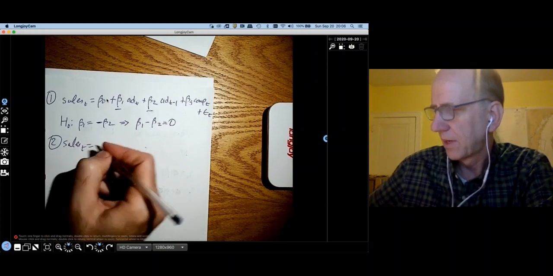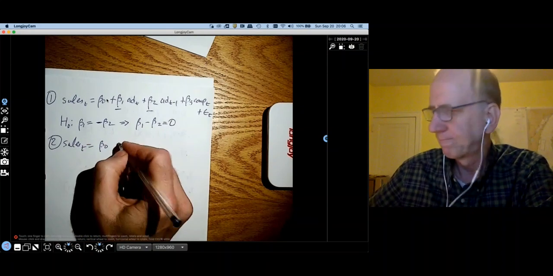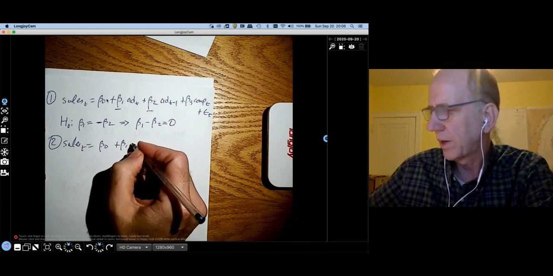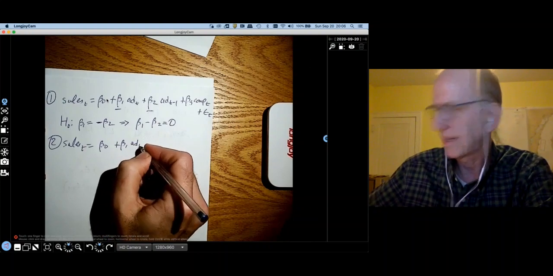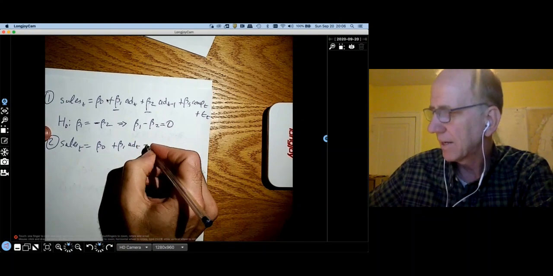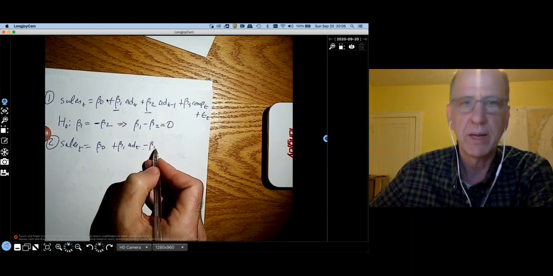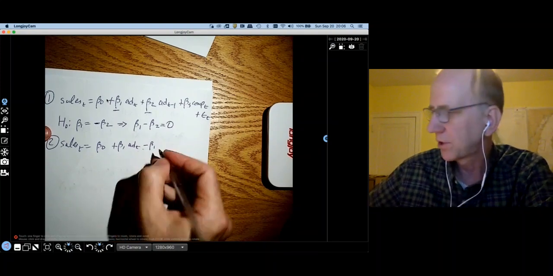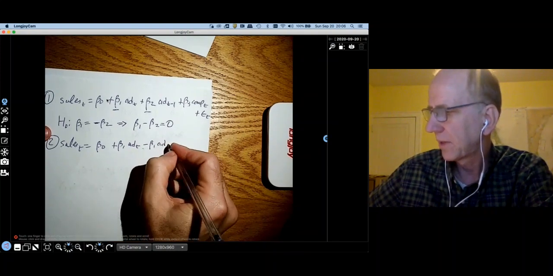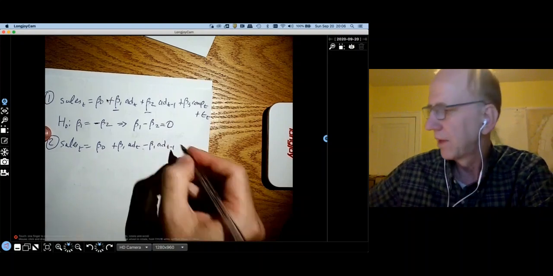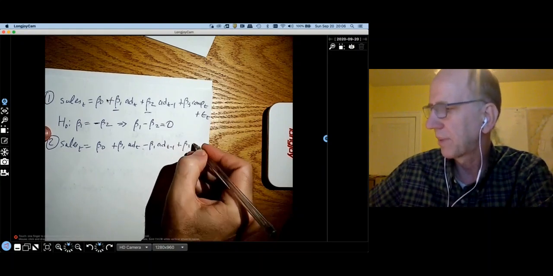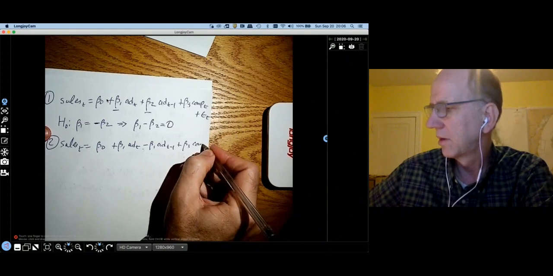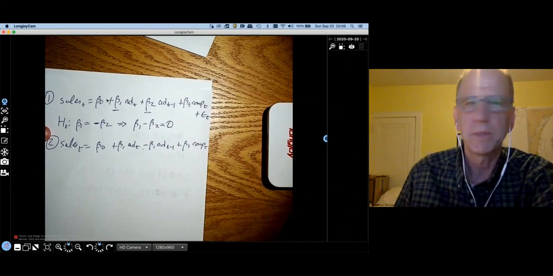Sales at t is equal to beta naught plus beta 1 times ad at time t minus beta 1, so that has to be exactly the same coefficient, times ad at time t minus 1. And then let's keep calling this beta 3 times the competitors at time t.